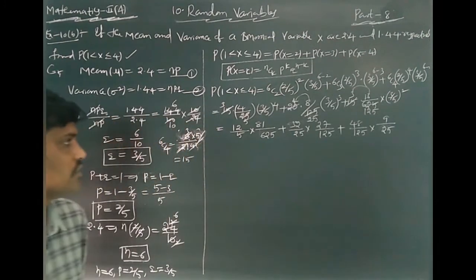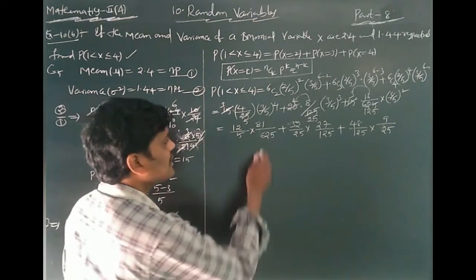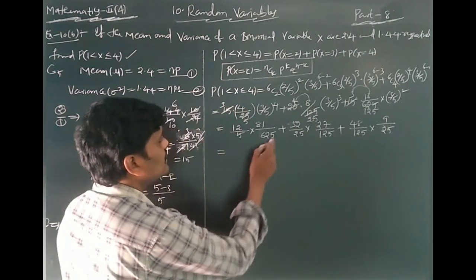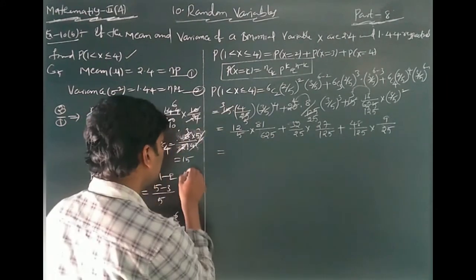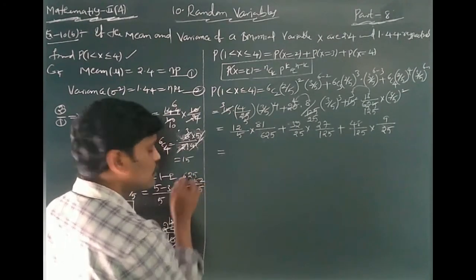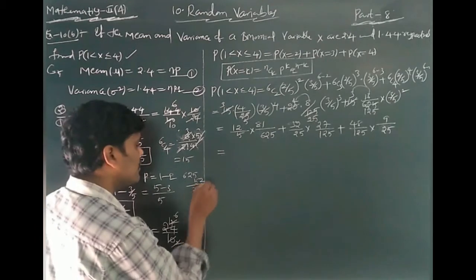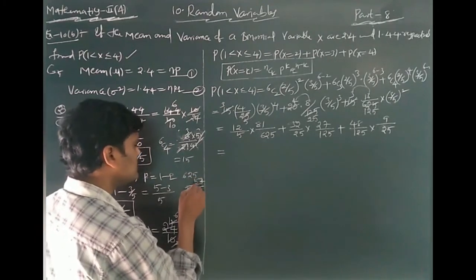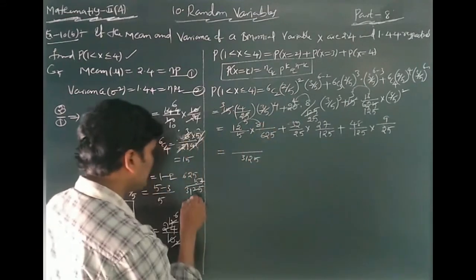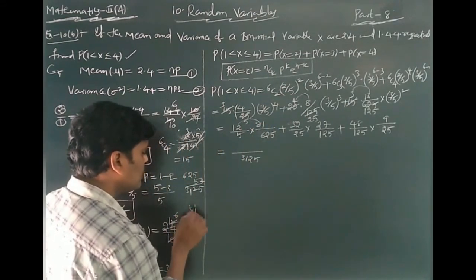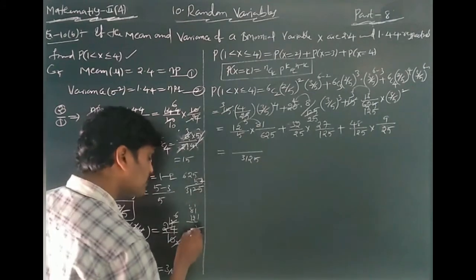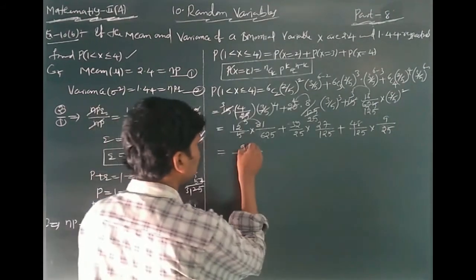Does anything cancel here? Check whether the 3 table cancels or not. Here you can write 625 into 5, how much? 5 5s are 25, 5 2s are 10, 10 plus 2 is 12, 5 6s are 30, so 3125. This is 3125. Then 12 into 81: 12 1s are 12, 12 8s are 96, 96 plus 1 is 97, so 972.